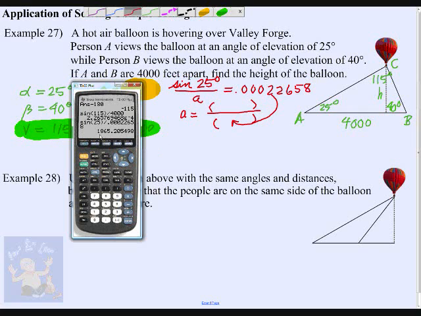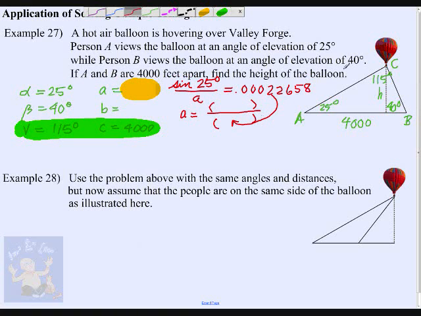So this says that A is 1865.2. So I'm going to write this down over here. 1865.2 feet.